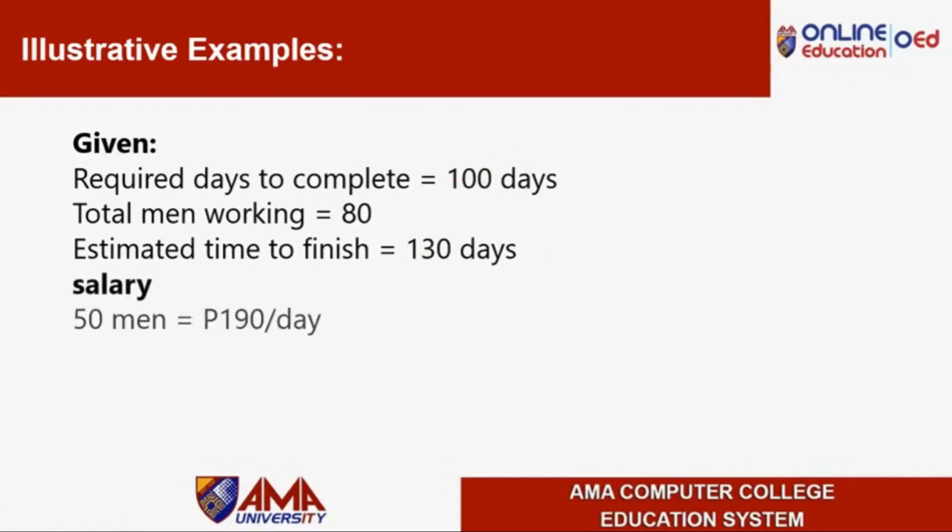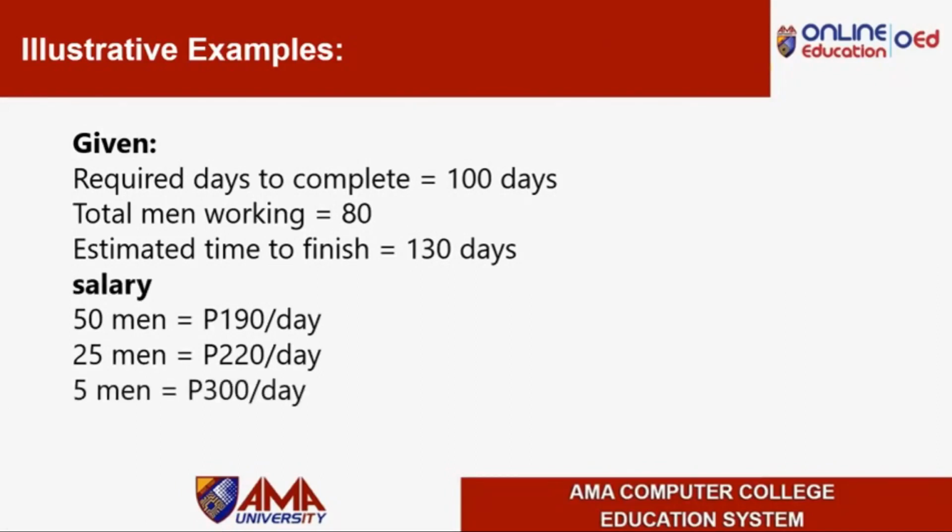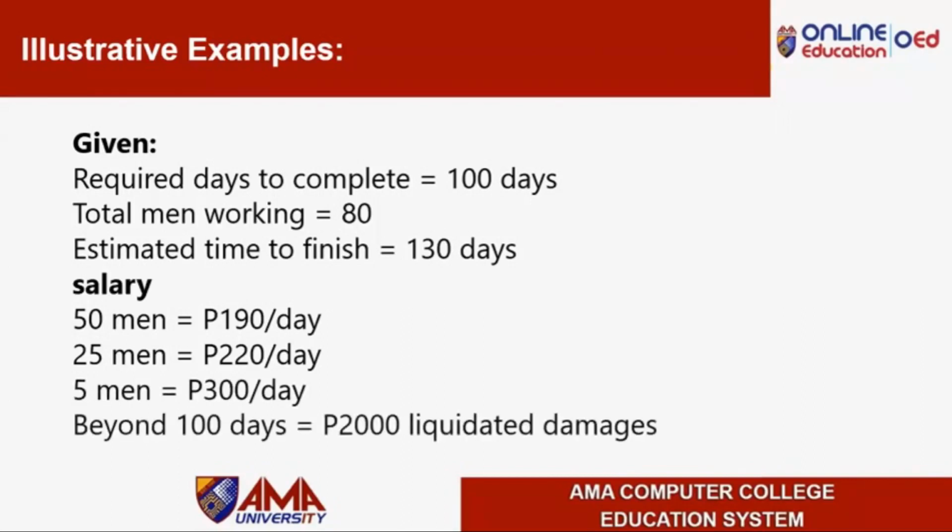And for the salary, we have 50 men with 190 pesos per day, 25 men with 220 pesos per day, and 5 men with 300 pesos a day. Of course, the condition is that if you exceed beyond the required 100 days, you have to pay 2,000 liquidated damages. Based here, they already exceeded by 30 days.